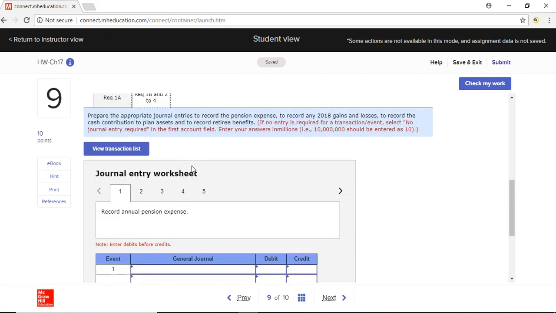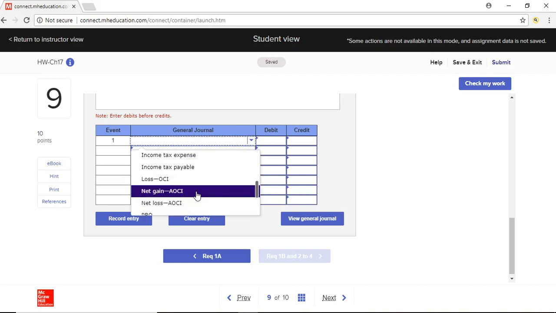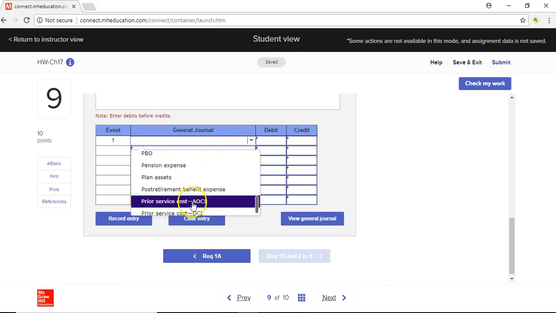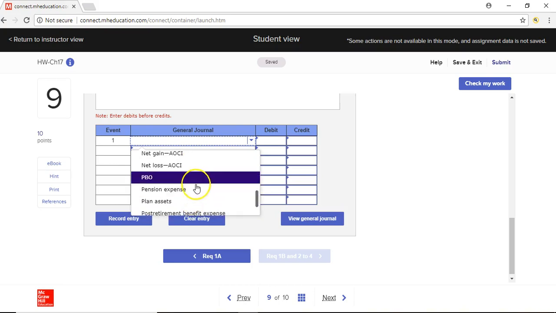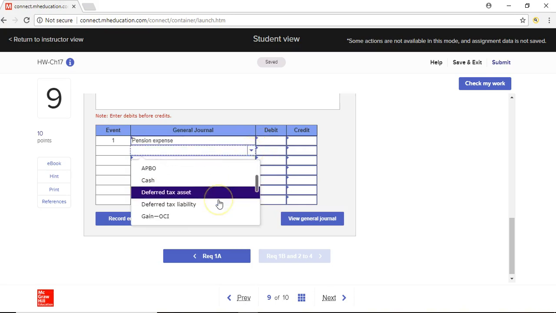And then how to record our pension expense. Again, the pension expense is a debit item, but we leave it blank because it will be the last plug-in. On the debit side, we have expected return on plan assets.